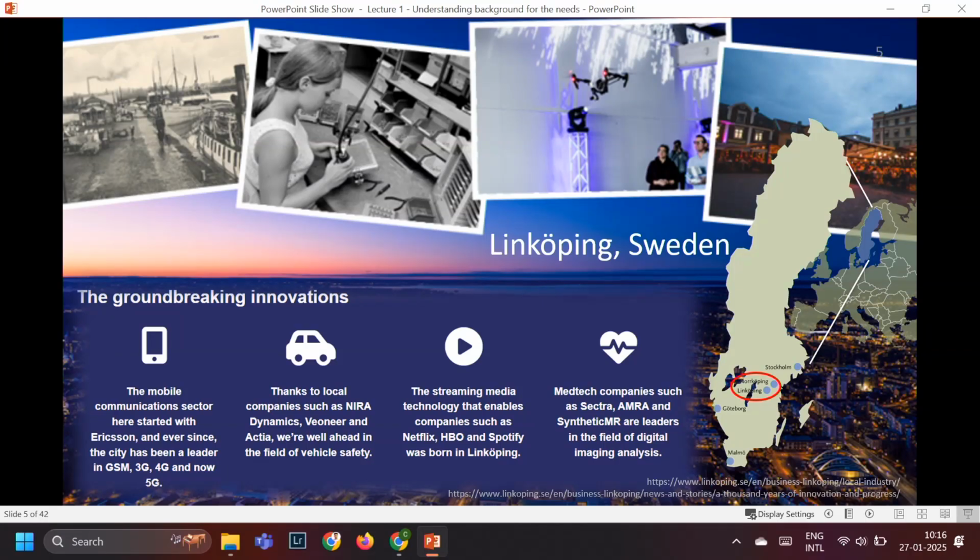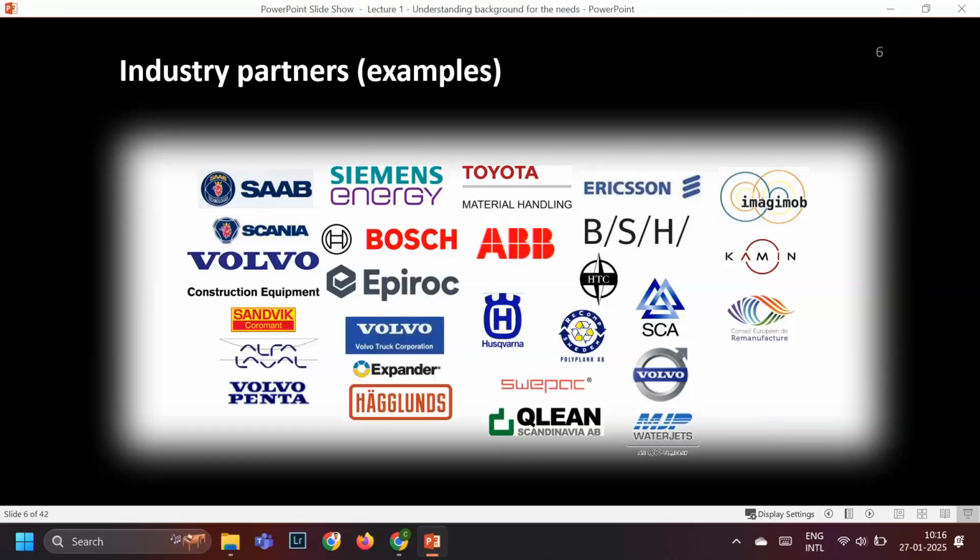Some of them are spin-offs from university researchers. Just as one example, a streaming technique used in Netflix comes from the city. So there are a lot of companies based in Linköping, and the university is heavily working with them.